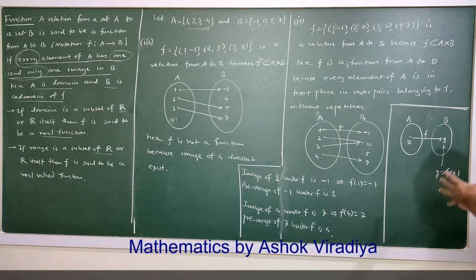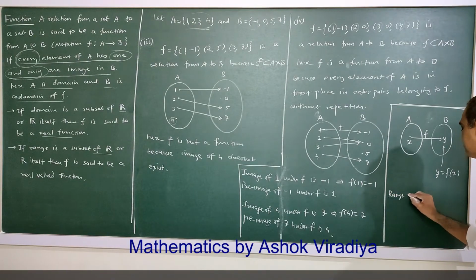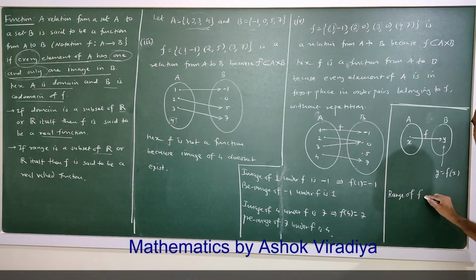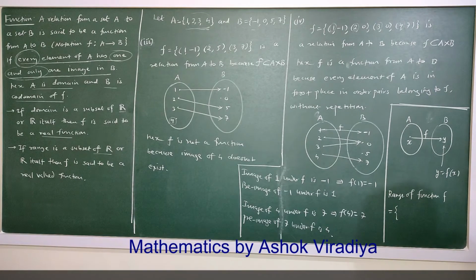The set of all images is said to be the range. The range of the function is the set of all images f(x), where x belongs to A.